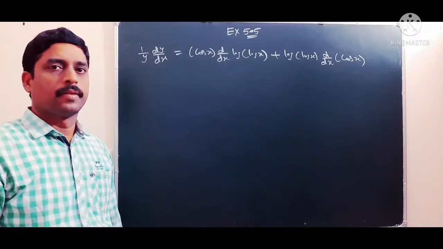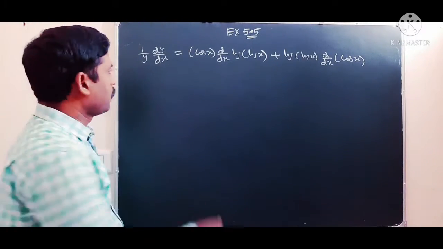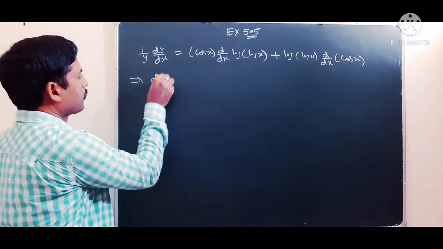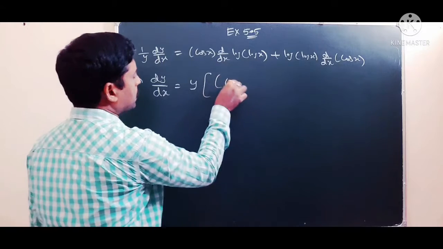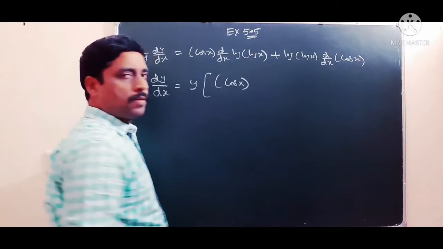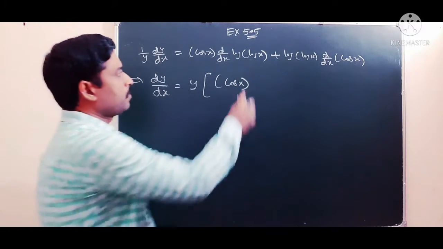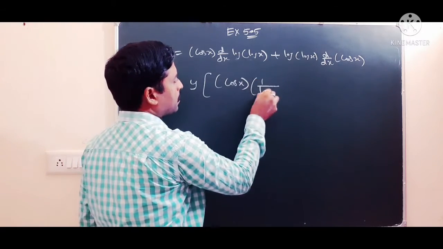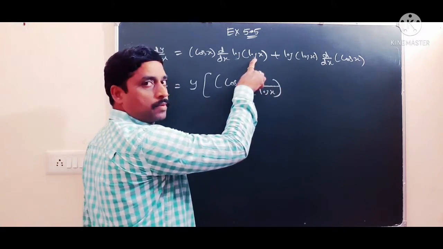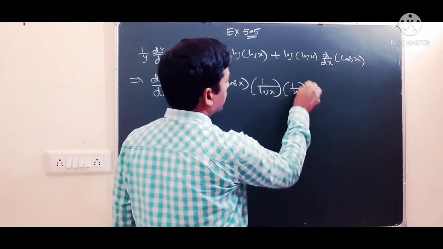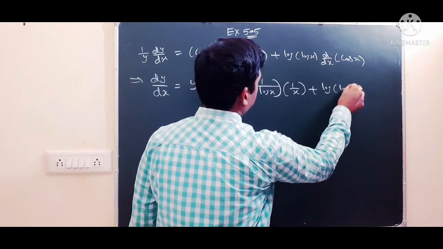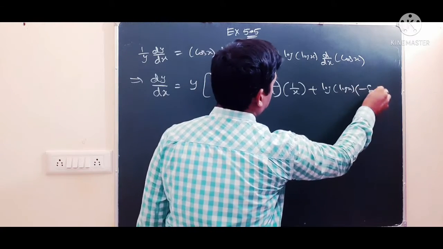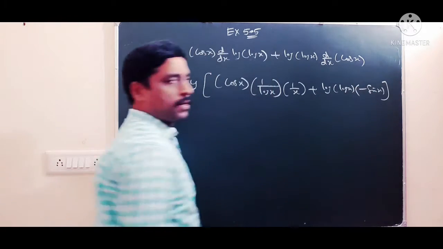Okay, let us do cross product. dy by dx is equal to y times of cos x into derivative of log of log x, which is 1 by log x into derivative of log x, which is 1 by x, plus log x into differentiation of cos x, which is minus sin x.